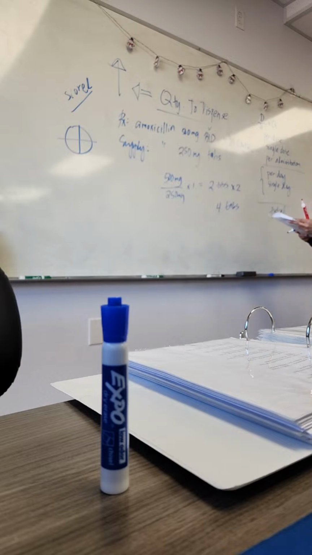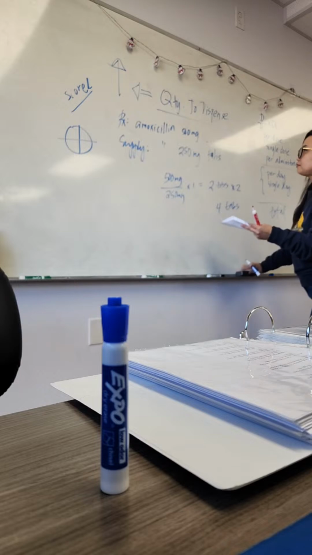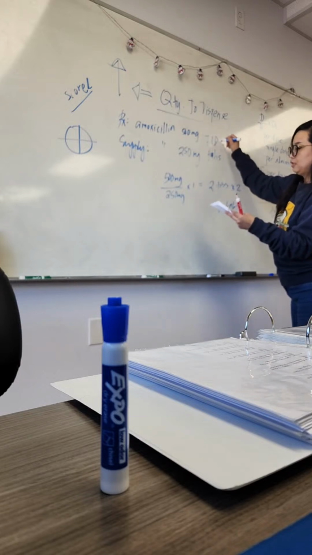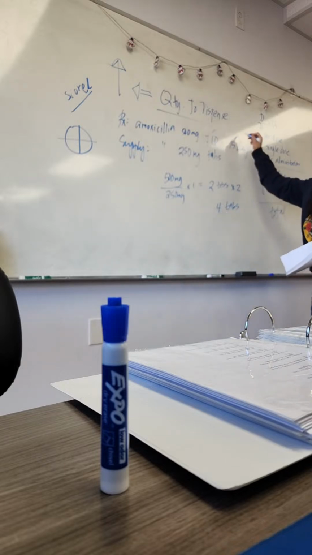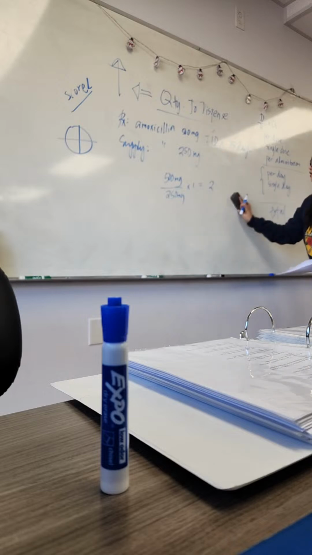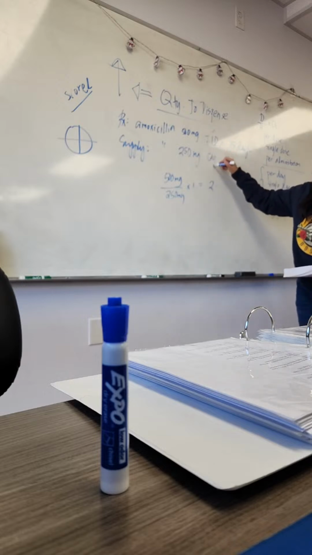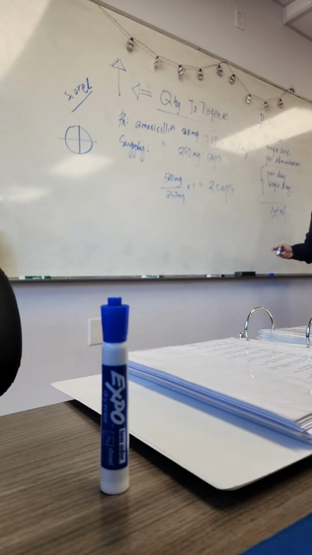Next one, let's double check if our prescription is still correct. No, this is a TID. And this is 15 days. Everything matters now, right? Capsules. And this is in caps. So this is 2 caps, correct? Didn't change.